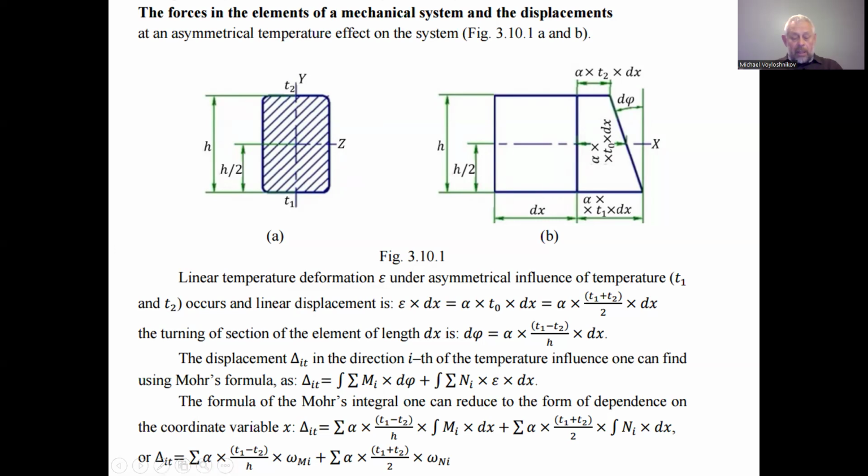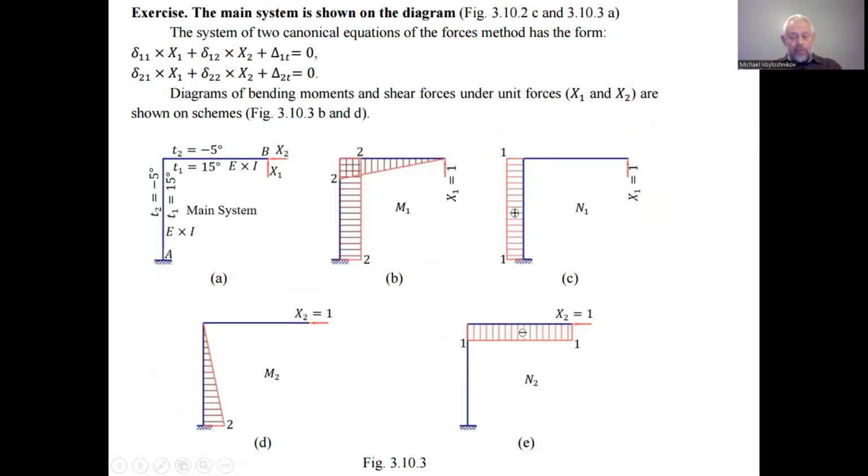This is the area of the bending moment diagram of the unit force, and the second area of the longitudinal force diagram under the action of the unit force. So for the force diagram, we have this bending moment diagram, and we have the unit force diagram here. In the force direction, we have to consider the areas of these diagrams.